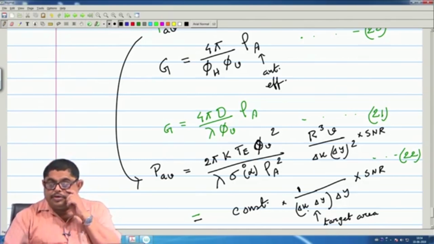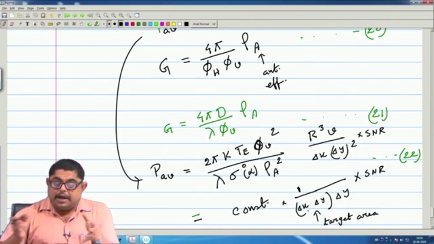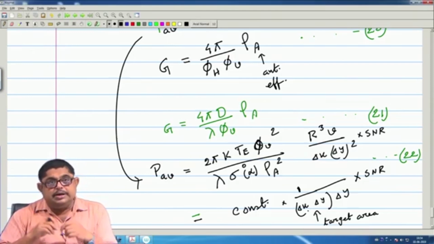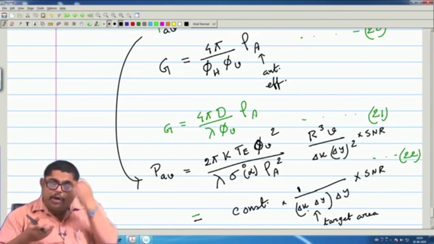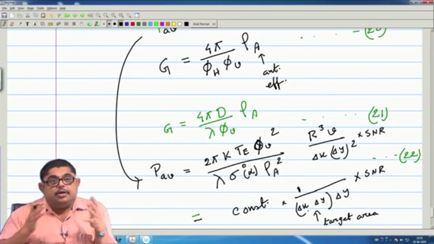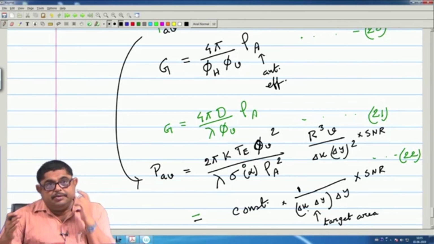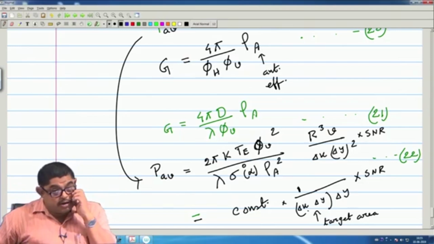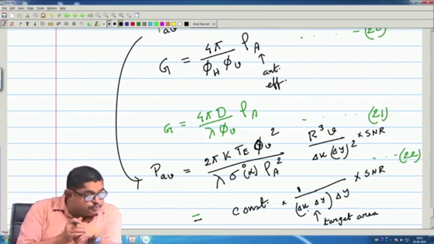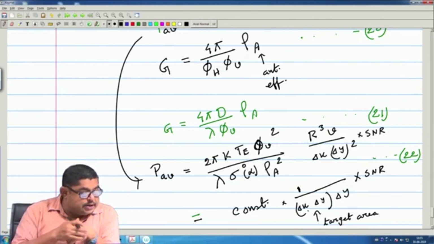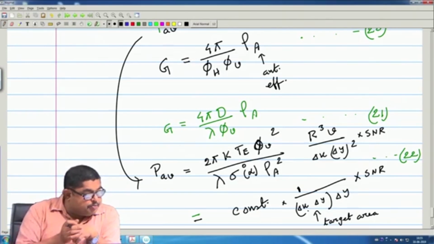So, you see that this is the problem: you cannot go on decreasing delta y further and further, because then your PT requirement will be more, and all transmitters have a limitation on how much PT they can give. So, the real antenna aperture cannot be decreased beyond a point fixed by PT.